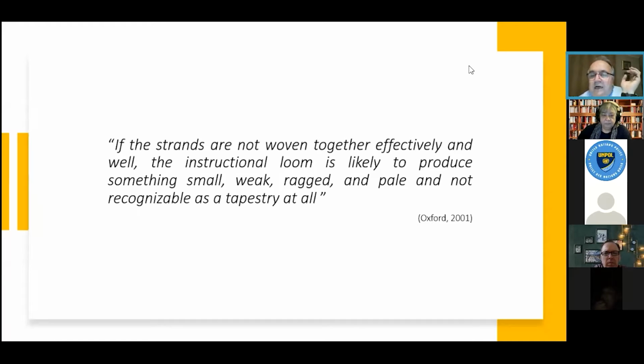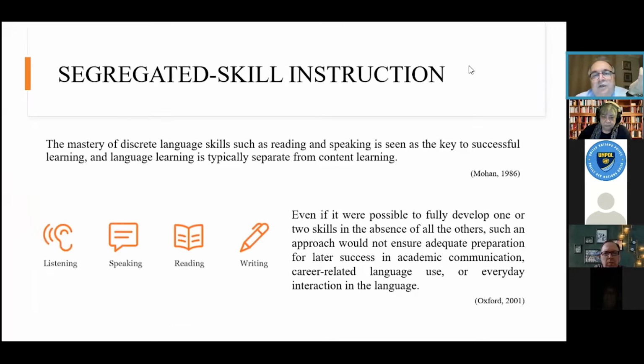So let's start with how we should handle these 4 basic skills segregatedly. If you look at the first quotation, again taken from Mohan, the mastery of these discrete language skills, such as reading and speaking, can be seen as the key to successful learning.